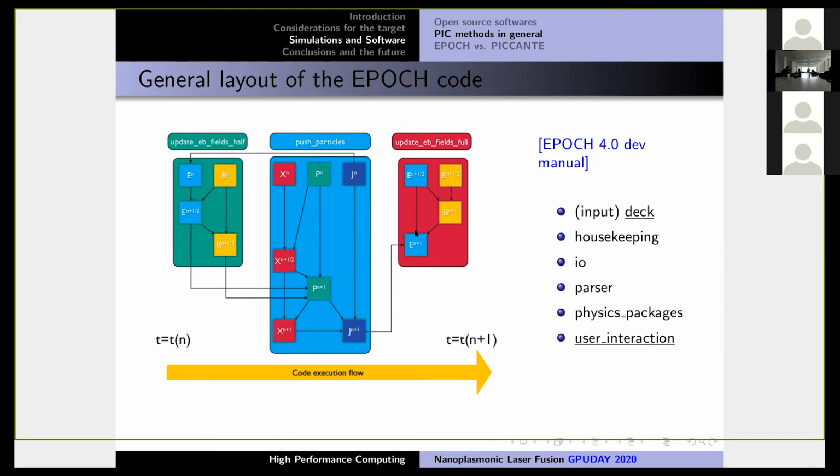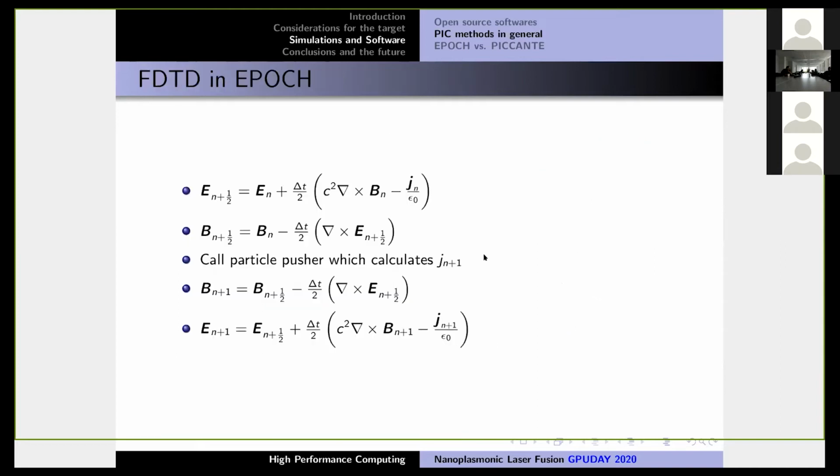Then the full time fields are calculated with the resulting currents. EPOCH has an input deck which is very user friendly, and housekeeping is usually for the calculation for the computing. There are also physics packages, and I will tell you about that later.